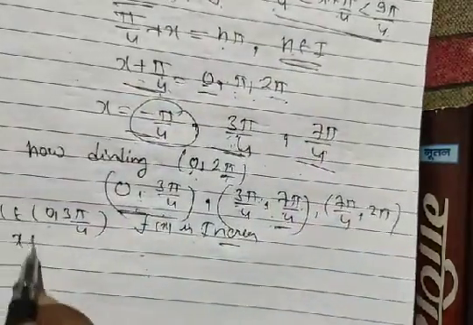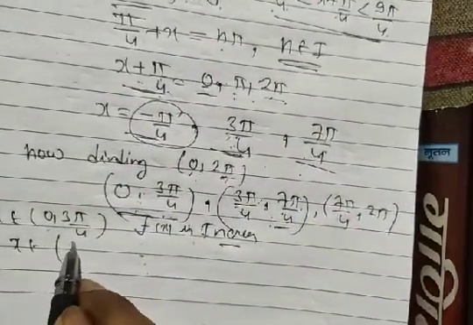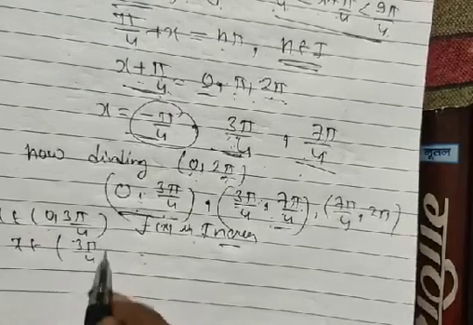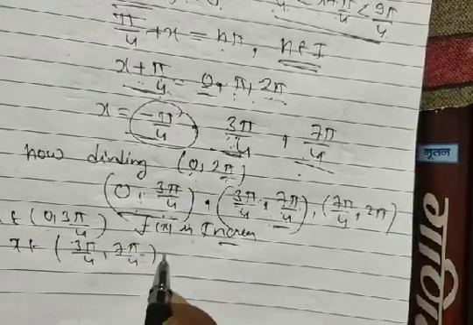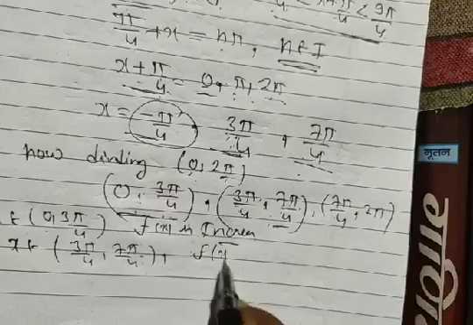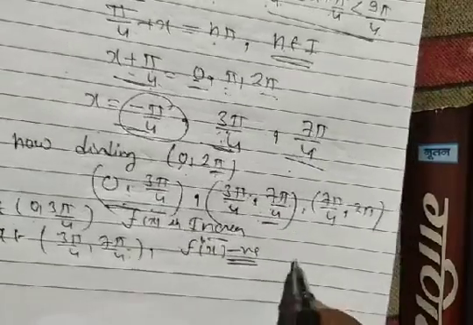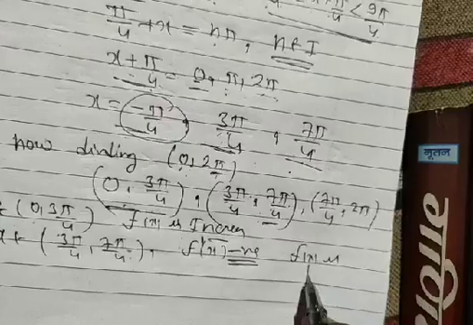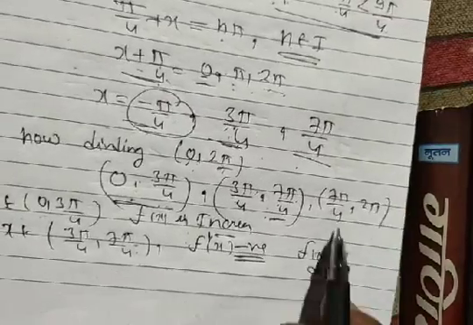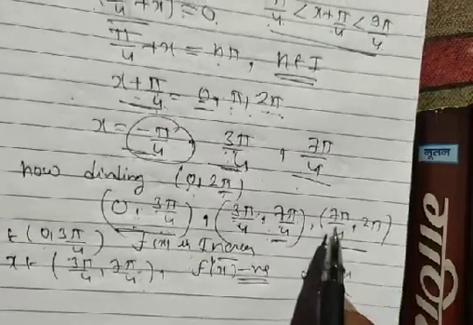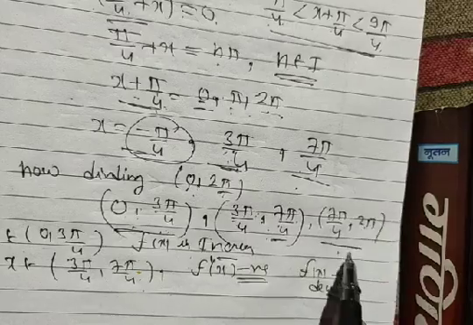So when our x belongs to 3 pi by 4 to 7 pi by 4, in this interval our derivative f dash x is negative, then f x is decreasing.